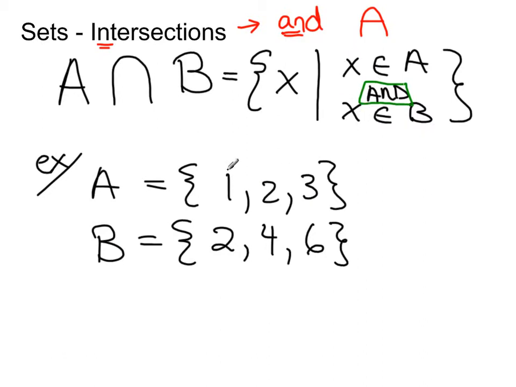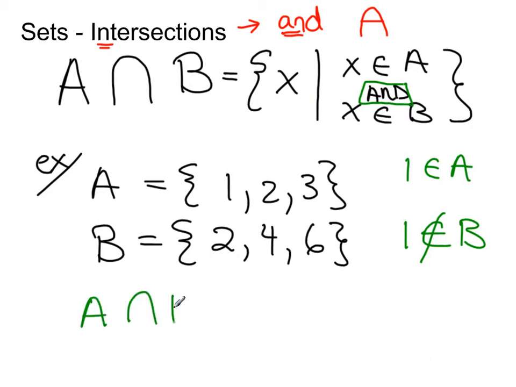When we look at 1, it's an element in A. When we look at B, 1 is not, so we draw a slash through the element symbol: not an element of B. Our definition says it has to be in both, so 1 is not in the intersection of A and B. How about 2?